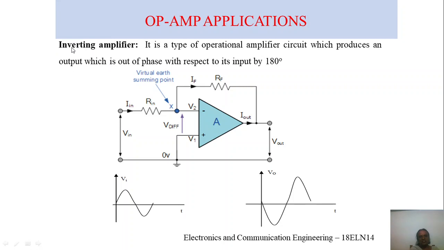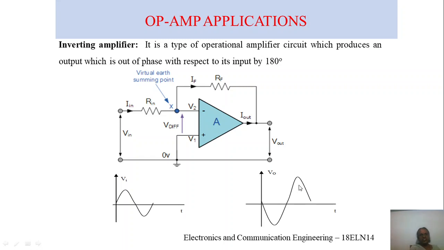Why? Because the input is given to the inverting terminal. Hence the input voltage, as you can observe here, gets inverted and the output is out of phase, with a 180 degree inversion.